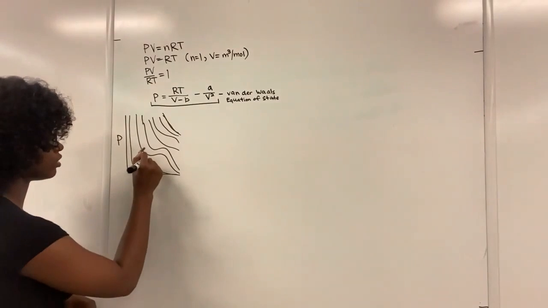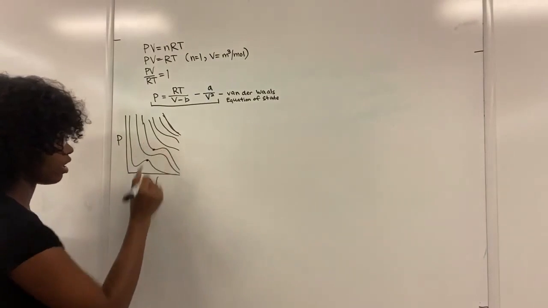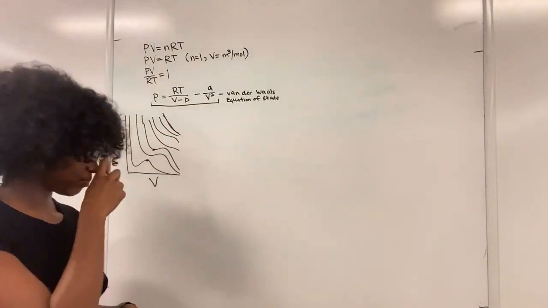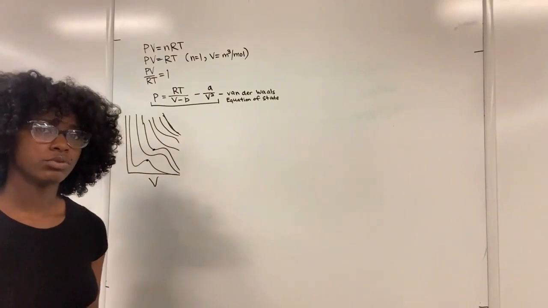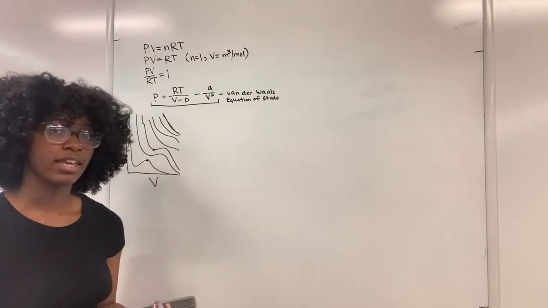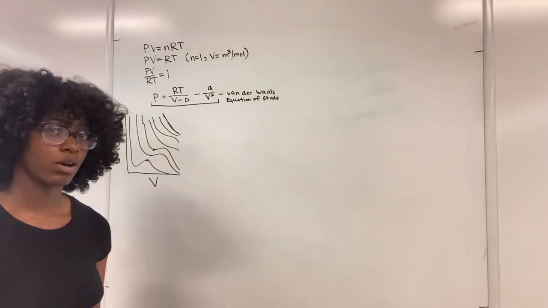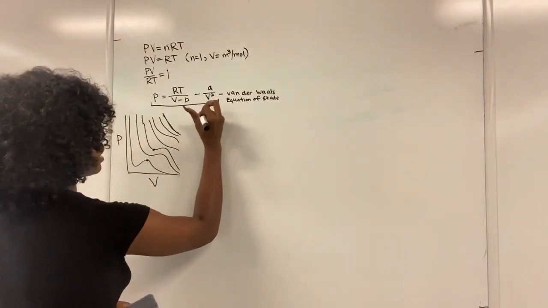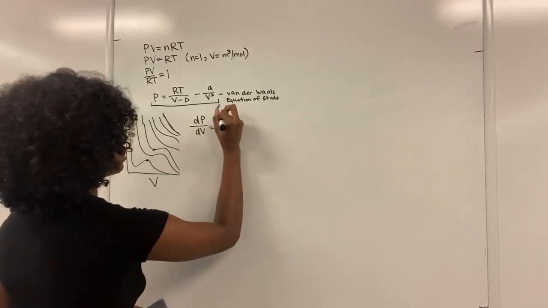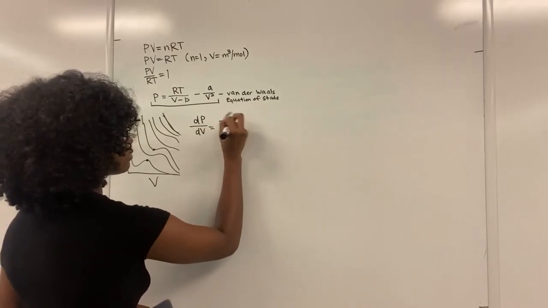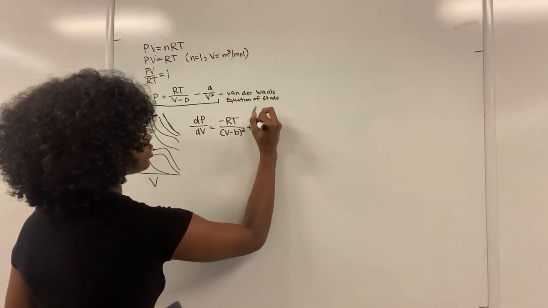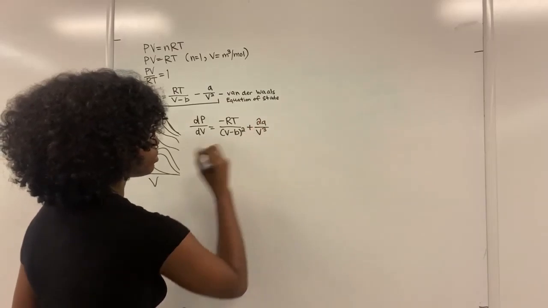But you'll notice that there are some inflection points of this graph that basically make it go from concave up to concave down. And so we will be able to take the first and second derivatives of this equation at those points. So we can go ahead and write our first and second derivatives for the van der Waals equation of state, such that the derivative of the pressure with respect to the specific volume is negative R times the temperature divided by the volume minus B squared plus 2A divided by the volume cubed.